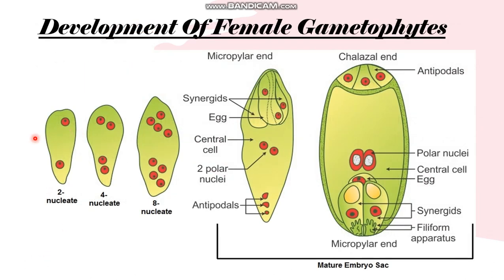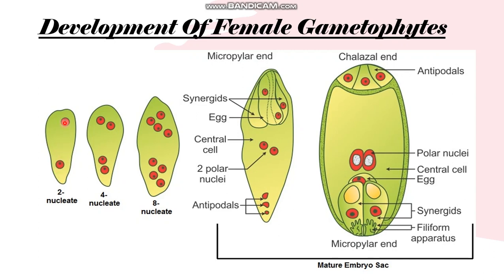So here you can see this is a two-nucleate embryo sac. Initially there was only one nucleus. It divided by mitosis, so two nuclei are formed.